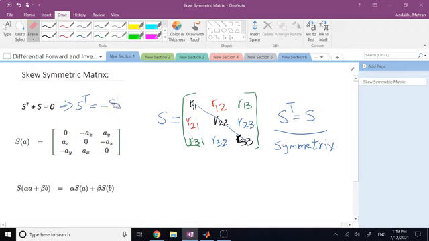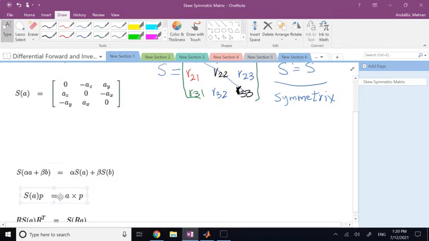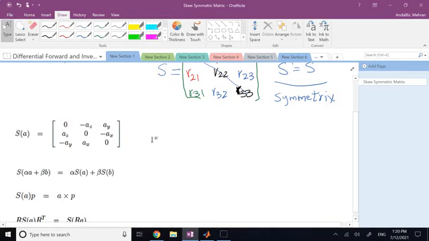Good. Now here we define an operator, skew symmetric, on a vector. For a vector A, which has 3 components, AX, AY, and AZ, I'm defining a skew symmetric matrix operator, which creates a matrix out of the vector.